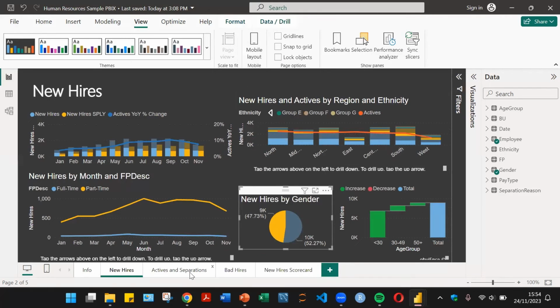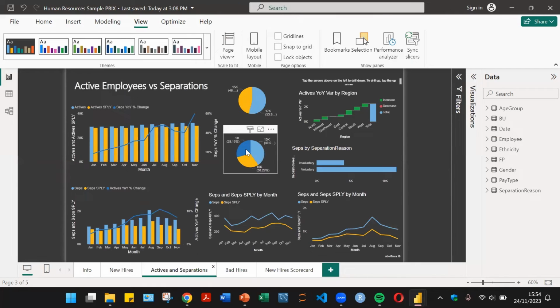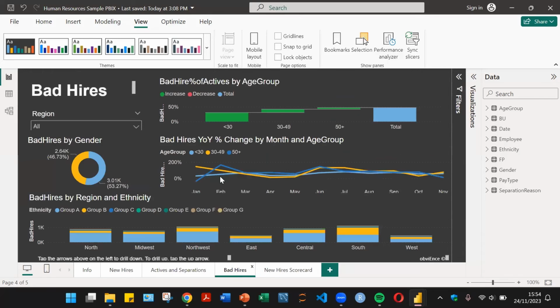And we can also look at actives and separations, that is the activity performed by these employees. Each of these charts represents different data. Then we can have bad hires. You can see the performance of these employees.